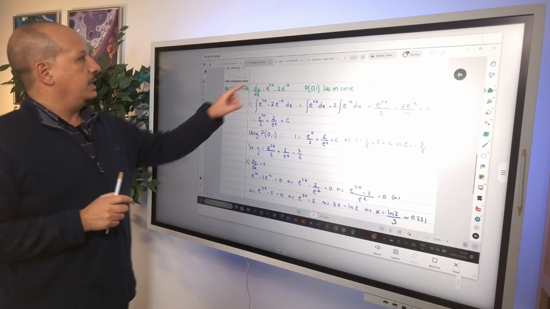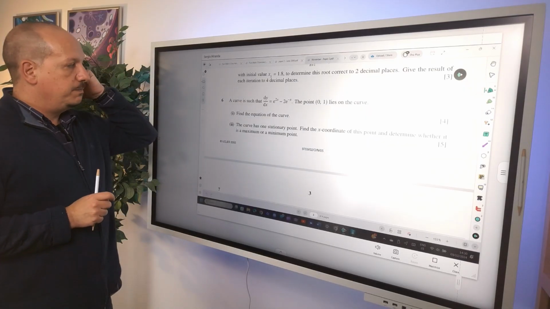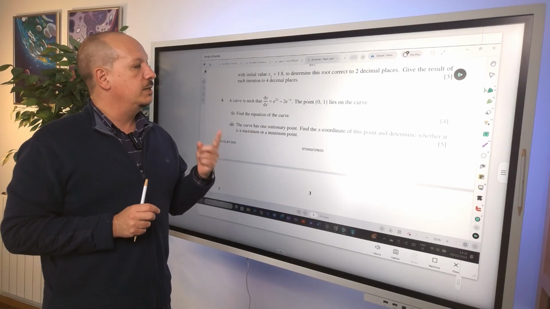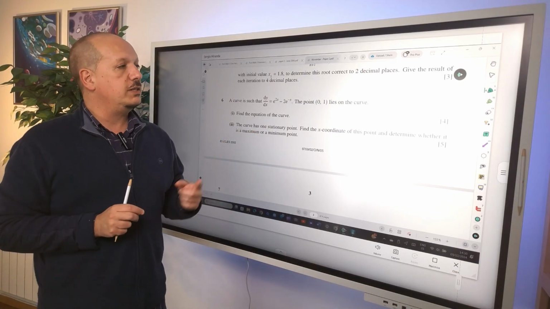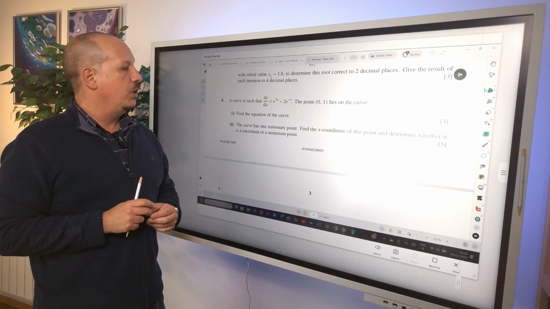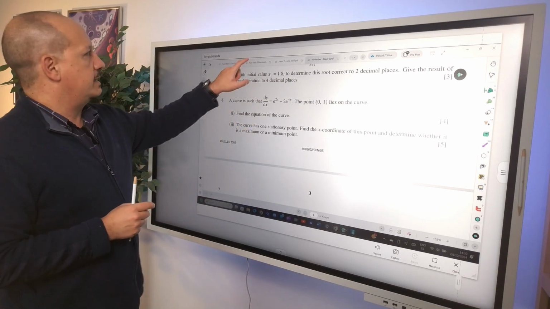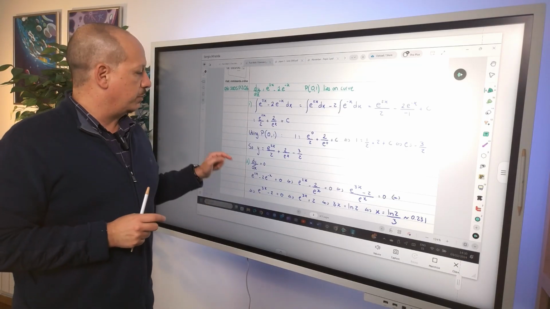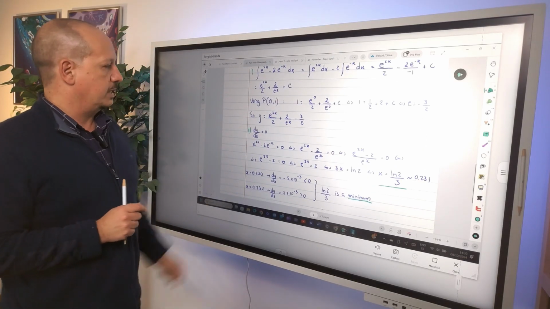Okay. Then the next question is, the curve has one stationary point. Find the x-coordinate of this point and determine whether it is a maximum or a minimum point. So if it has a stationary point, you know that dy by dx equals 0 will allow you to figure out what that point is. That's what I did.